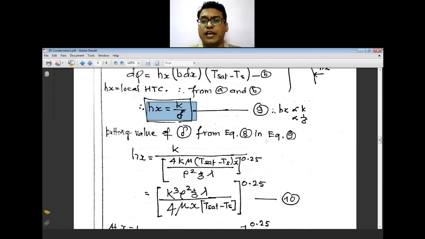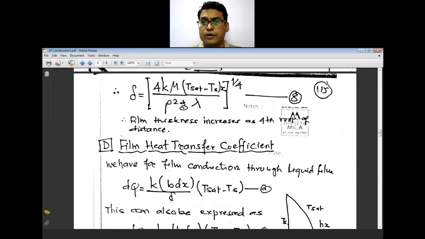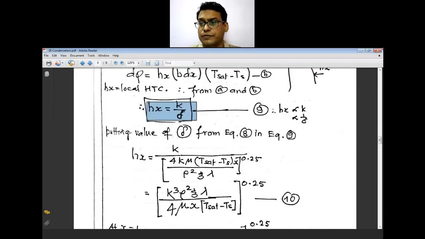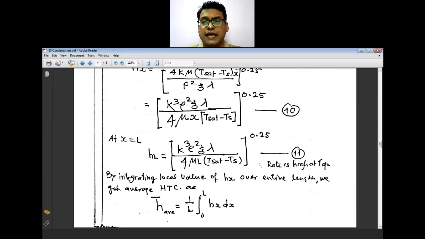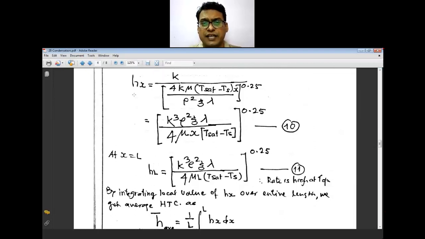So substituting the value of delta in the above equation, hx is equal to k upon delta. At a distance x this is hx, and at a distance L this becomes hL, where x becomes equal to L. So the rate is high at the top.